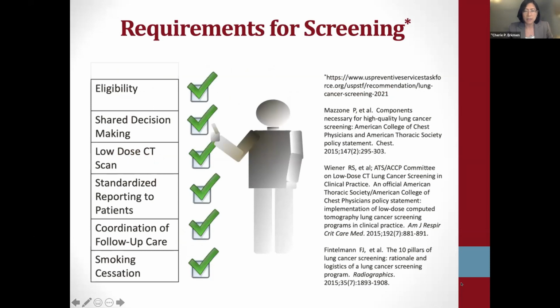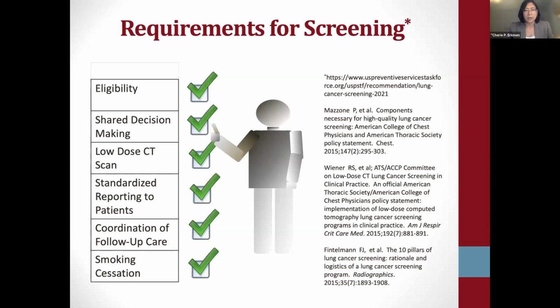So as Dr. Ceppa said, there are really a lot of requirements to lung cancer screening. On the right here, I don't expect you to read them, but some people say that there are 10 critical components, and this lower reference has 9 critical components.